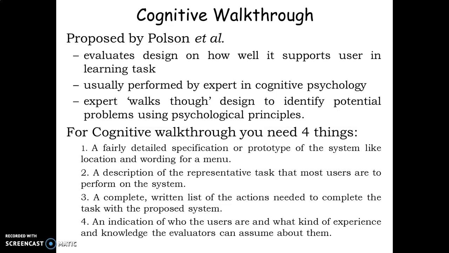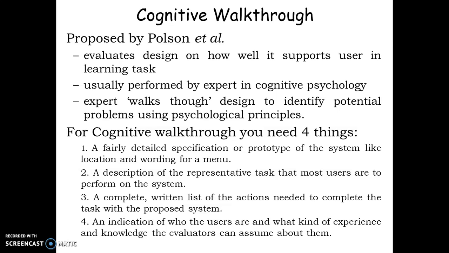The evaluators then step through that action sequence to check for usability problems. The main focus of cognitive walkthrough is to find out how easy a system is to learn, or learning through exploration.